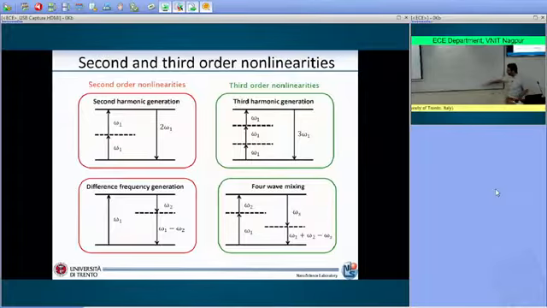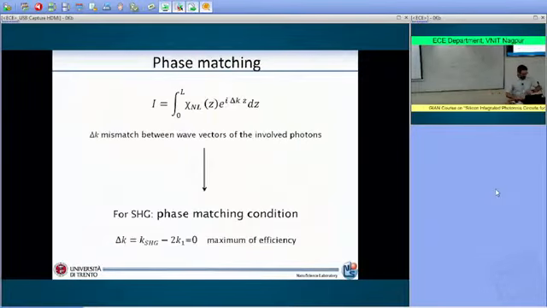And therefore, the momentum is quite important in order to determine which specific energy will be generated. And this conservation of the momentum is called the phase matching. What you see here is, as a function of the distance inside the material, so as a function of how much the pump photons are propagating through my material, how the intensity of the generated photon increases with the length.